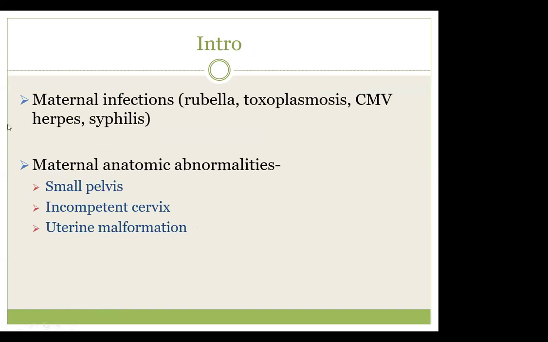Okay. Another thing that can cause a high-risk pregnancy is maternal infections. Okay, so we're talking about rubella, toxoplasmosis, CMV, herpes, syphilis. All of these things can cause birth defects. So if you break it down, if a mom gets rubella, now rubella, everybody's had a measles, mumps, and rubella vaccine.